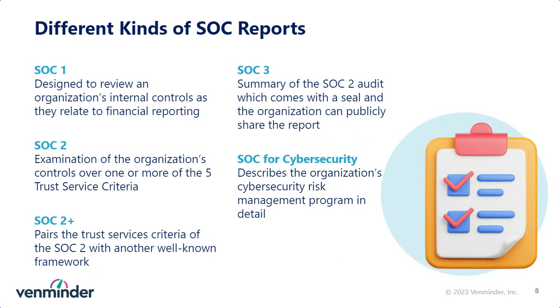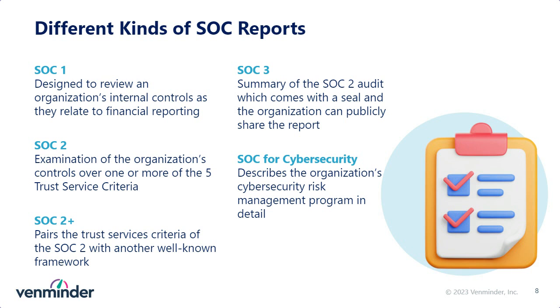Okay, so we're really going to start diving into the different pieces of SOC reports. And before we do that, I just want to mention the different kinds of SOC reports that you primarily might see across your desk. And that's going to be the SOC 1, the SOC 2, the SOC 2 Plus, the SOC 3, and the SOC for cybersecurity.